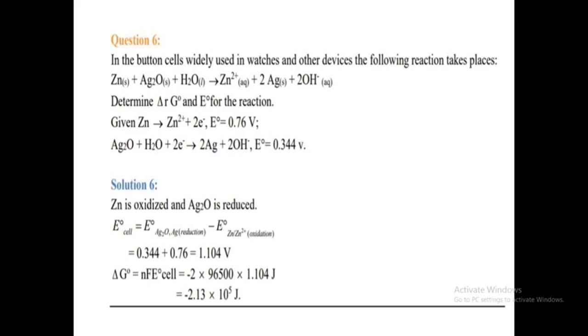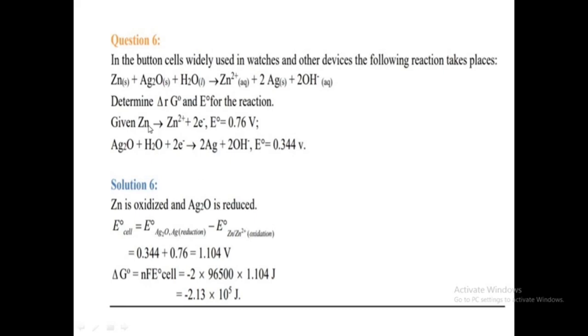Gain of electrons means reduction and loss of electrons means oxidation. The first reaction is an oxidation reaction and the oxidation potential is given. Okay, and then for the next reaction the reduction potential is given. Now to determine the E naught cell, at first we know it is E naught reduction minus E naught oxidation, but we have to take the standard electrode potential.